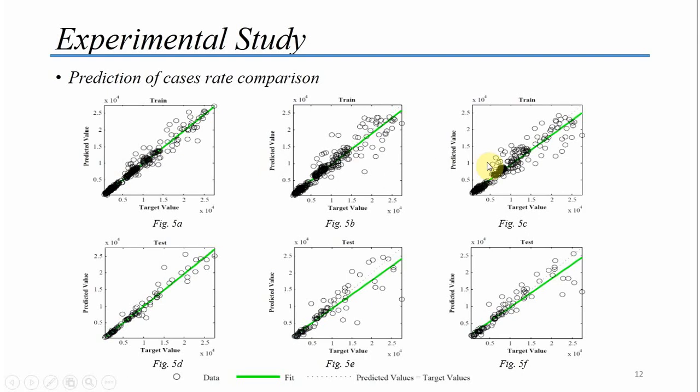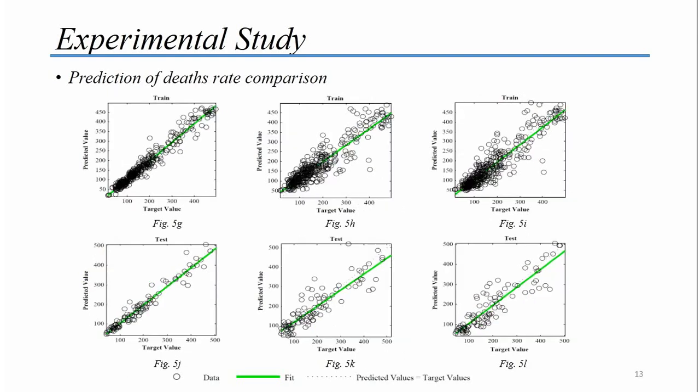The first line represents the results for train data, and the second line represents the results for the test data. And also for prediction of death rates, figures 5G, H, I, J, K, L represent the results of the DMHS-GMDH, original GMDH, and MLP models for the COVID-19 death rates.